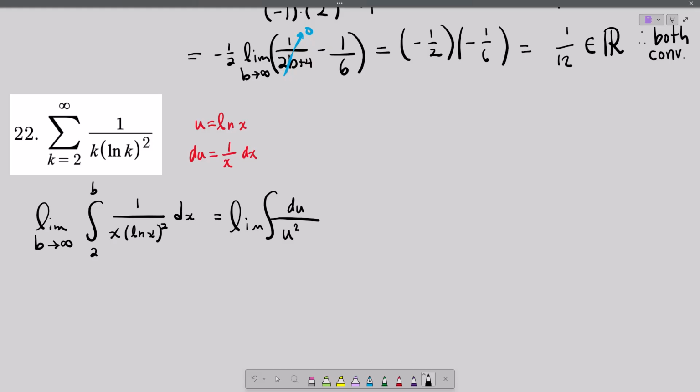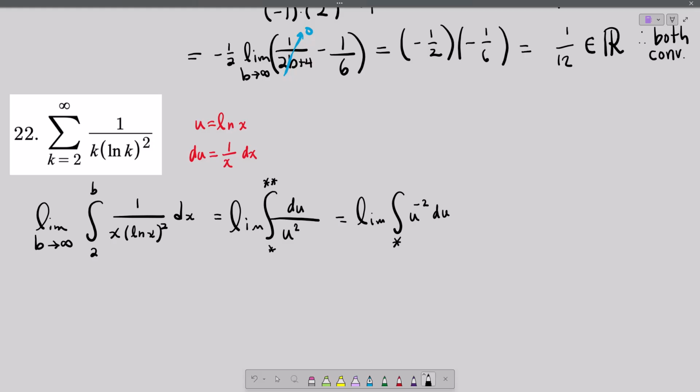Now we could convert our limits, or we could go back to the original limits. I'm going to choose to go back to the original limits, so I'm just going to pick some placeholder limits. We're going to rewrite this so that we can use the power rule more easily.